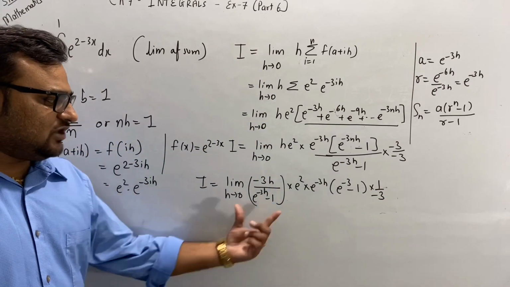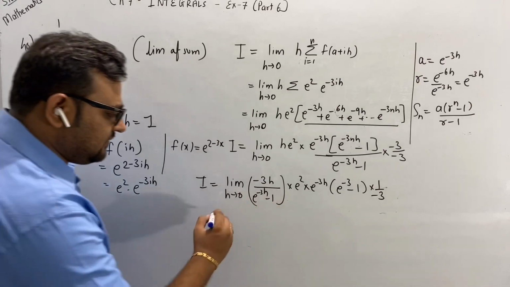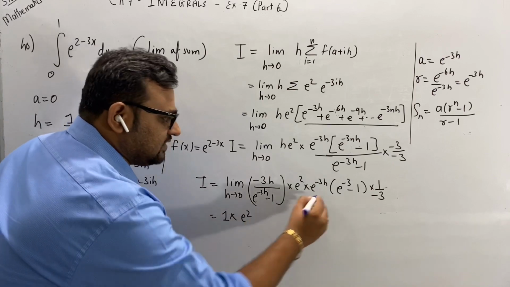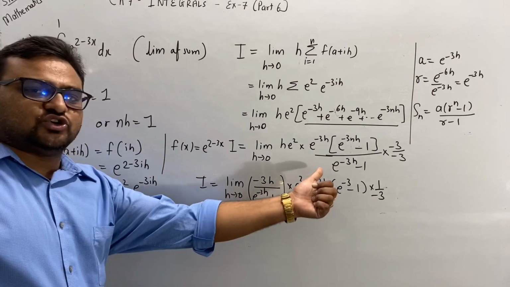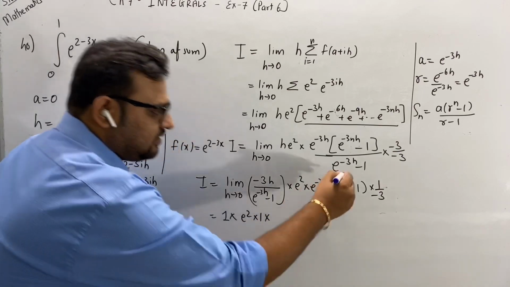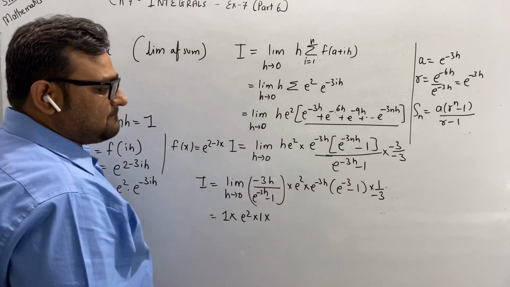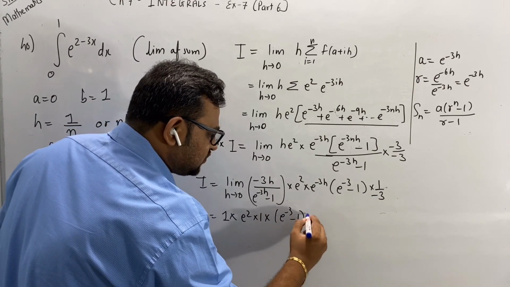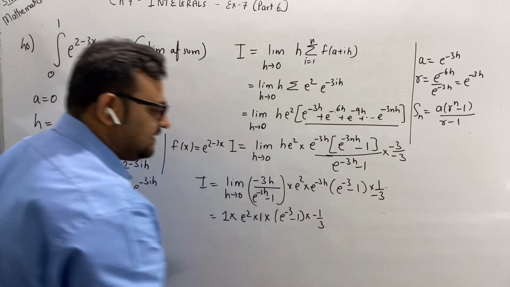Now just put down the values. This will be equal to 1, e squared, into the limit as h tends to 0 of e raised to minus 3h, so e raised to 0 is 1. Then e raised to minus 3, that means minus 1, into minus 1 by 3.